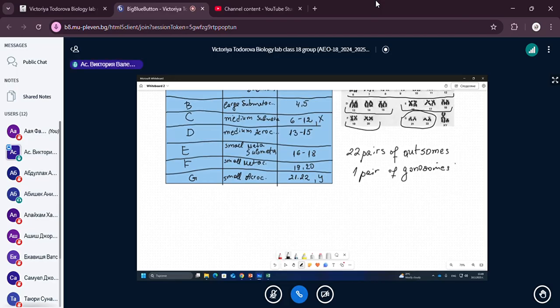Gonosomes mean sex chromosomes. And the normal human karyotype here will be 46.